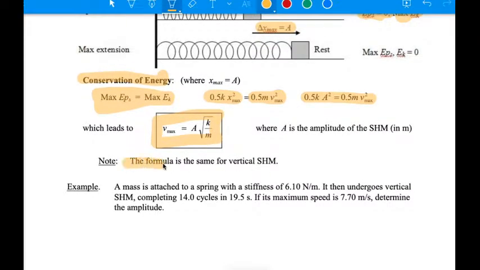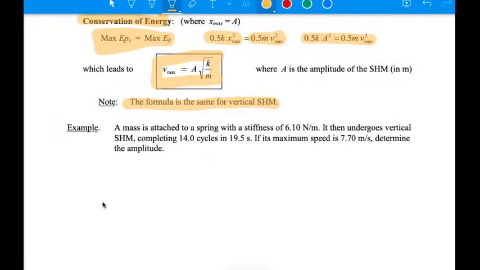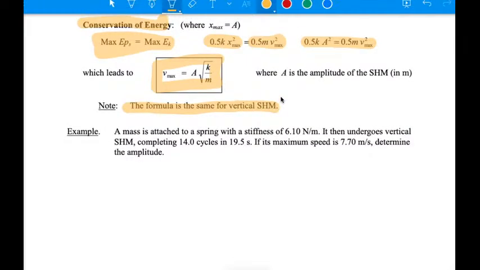And interestingly, this is the same for vertical simple harmonic motion, because the gravity will cancel itself out. I'm not going to prove that. If you want to have a little bit of fun, you can try to do your energy analysis in the vertical as well.